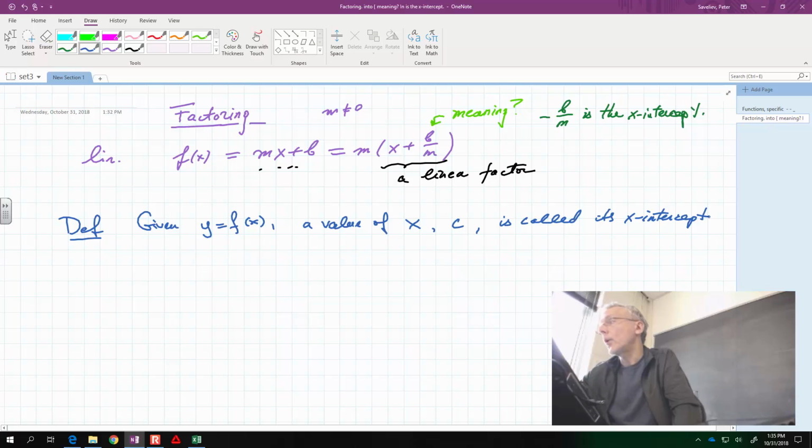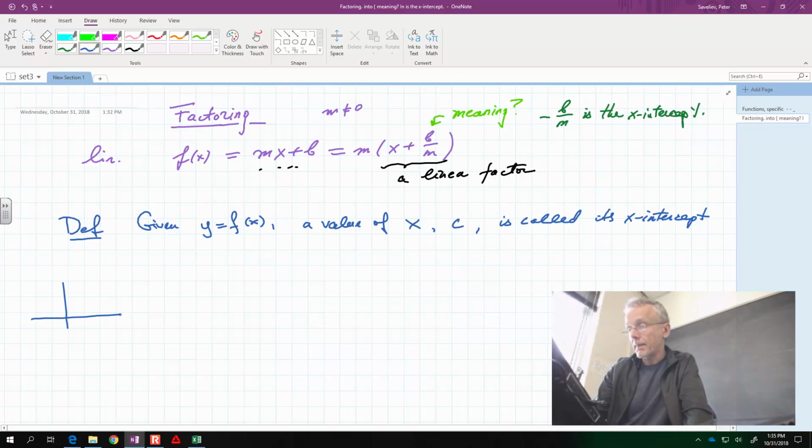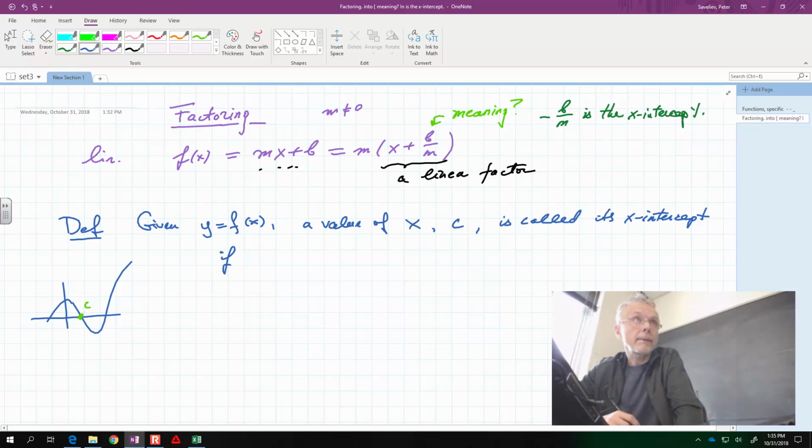We all know what it means. It's on the graph, meaning that it crosses the x-axis, right? But what does it mean algebraically? This is the c I'm talking about. The value of x, it's called the function's x-intercept if what? What's the meaning of this point? It lies on the x-axis. What does that mean?